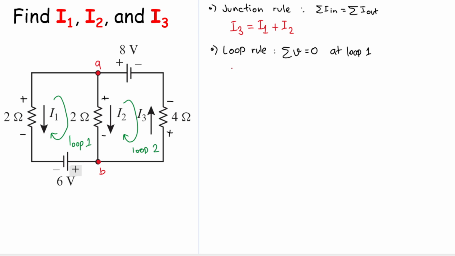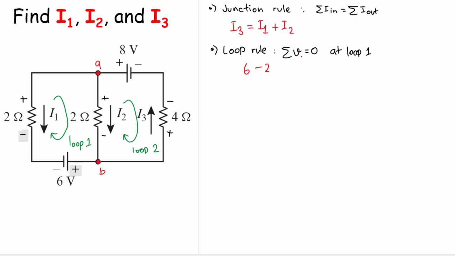So I have plus, and the voltage is 6, right? But because this is the beginning of an equation, I don't need to write the positive. So we'll have 6. And then the loop here enters this 2 ohm resistor from the negative terminal, so I will have a minus sign.